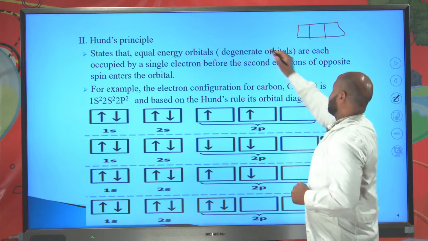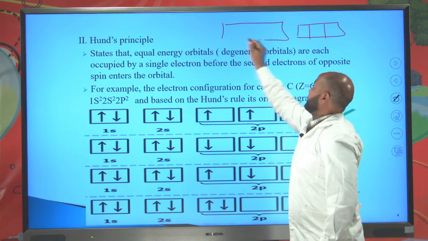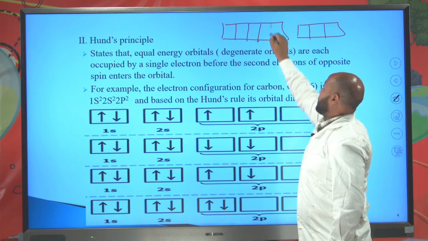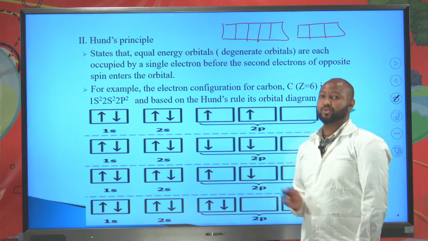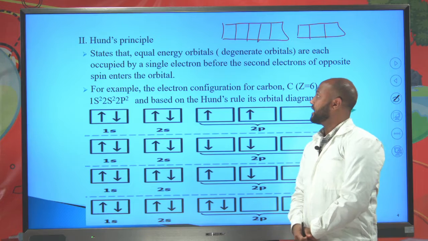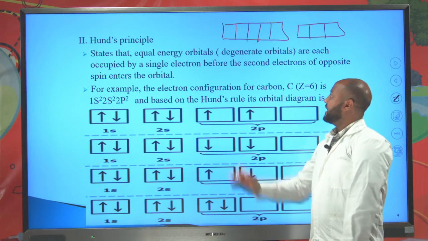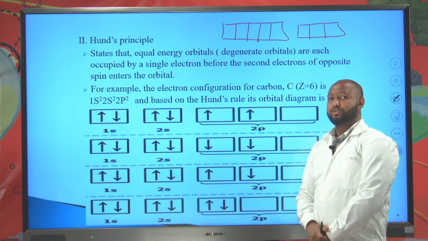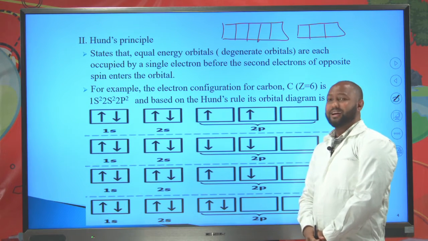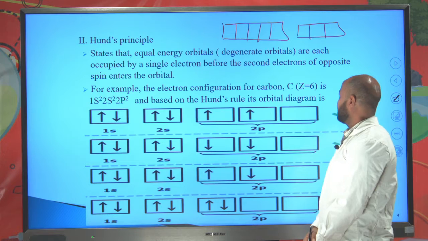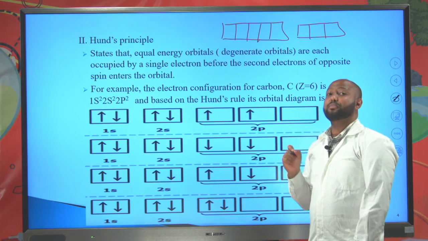The same for D. D has 5 orbitals. They are the same energy orbitals. So Hund's principle states that equal energy orbitals or degenerate orbitals are each occupied by a single electron before the second electron pairs up.